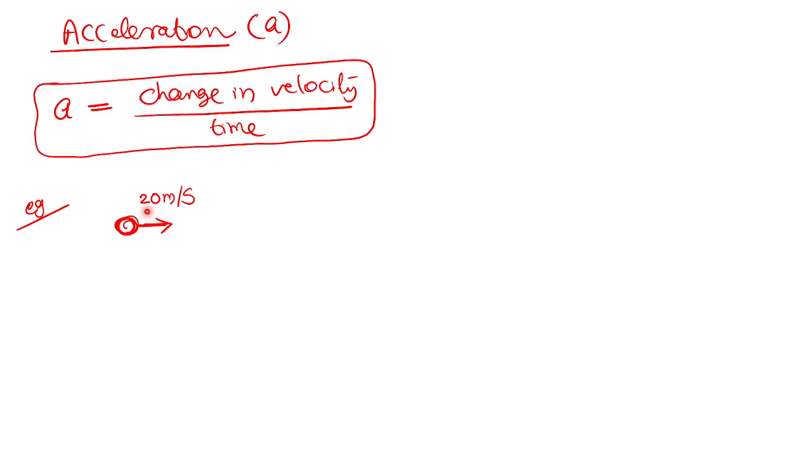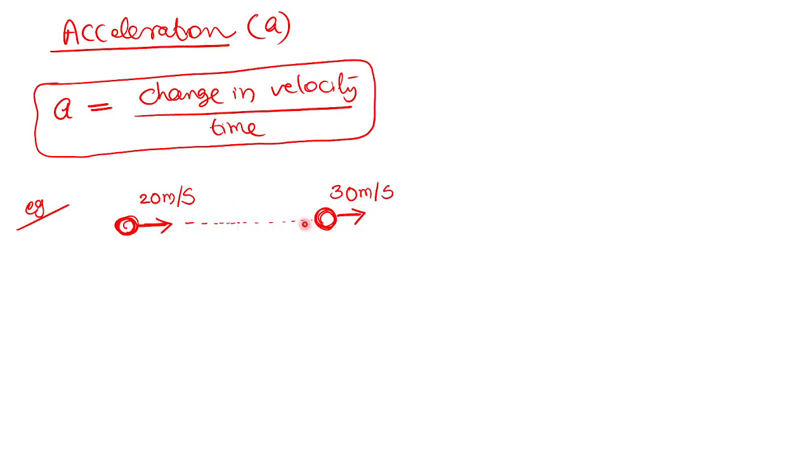A body has velocity 20 meter per second means that in 1 second it will get a displacement of 20 meter. After some time, the velocity is now 30 meter per second.